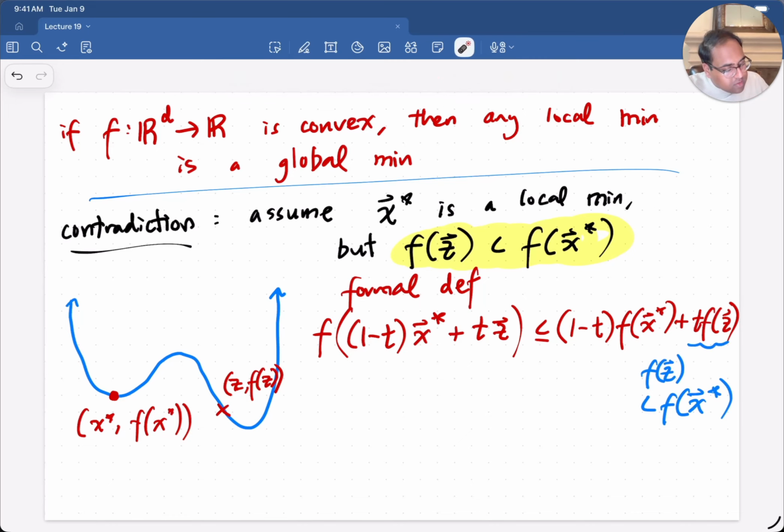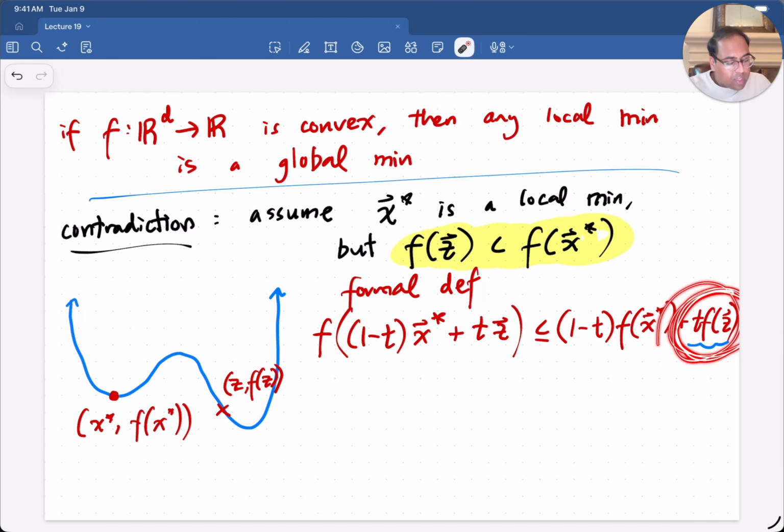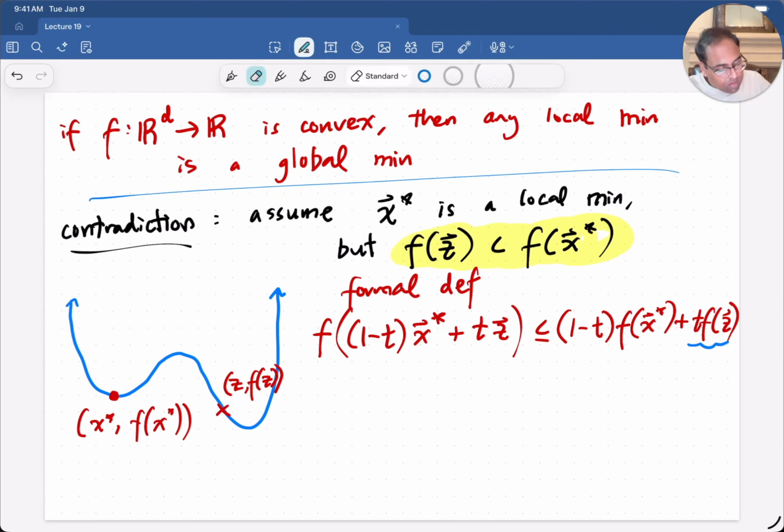So this entire expression itself is less than whatever it would be if I plugged in f of x star here instead of f of z, okay? I know it would be slightly more intuitive if I was writing this to the right of this rather than beneath it, and the space is a little compressed, but the math is the same, right? By the assumptions of our problem setup, this number is less than f of x star. So this entire thing should be less than whatever it would be if I plug in f of x star here. So let me do that.